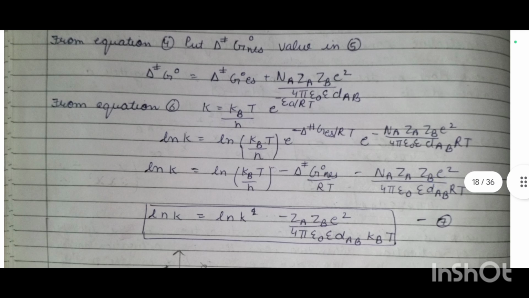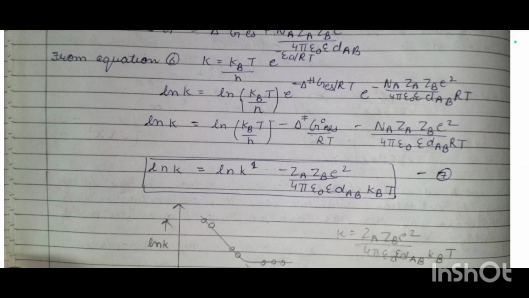From the equation k is equal to kB T e to the power minus Ea divided by RT and whole divided by h. Ln k is equal to ln k multiplied by kB T and e to the power delta star G non-electrolyte divided by RT, e to the power minus N A ZA ZB e square divided by 4 pi epsilon naught epsilon dAB RT.